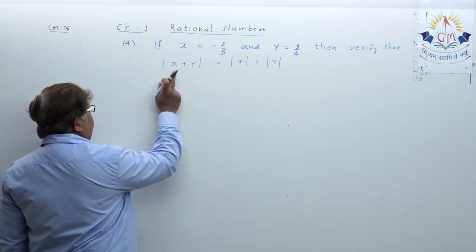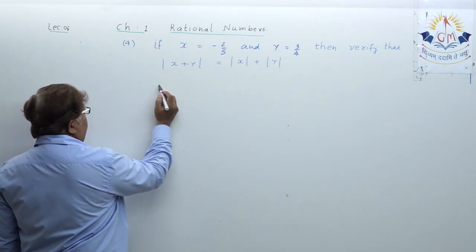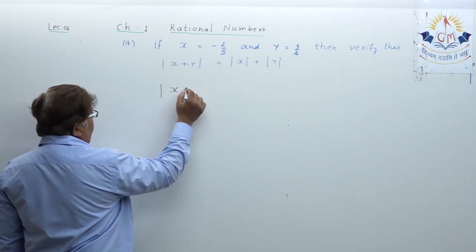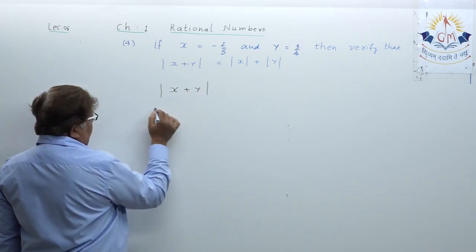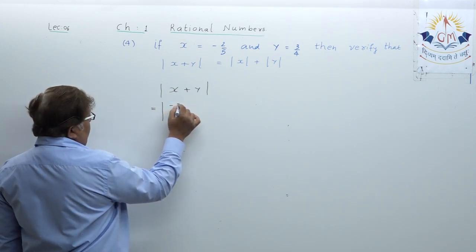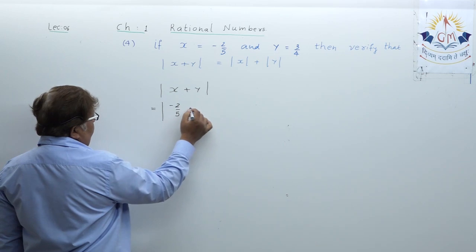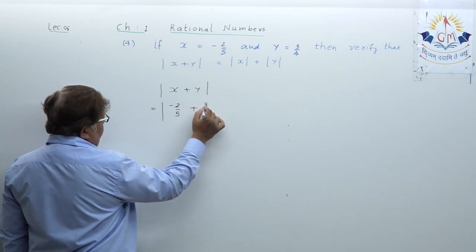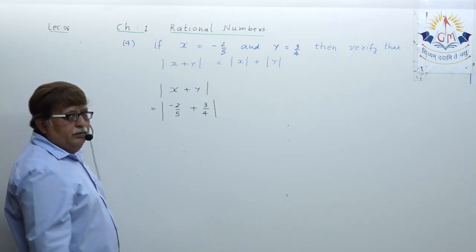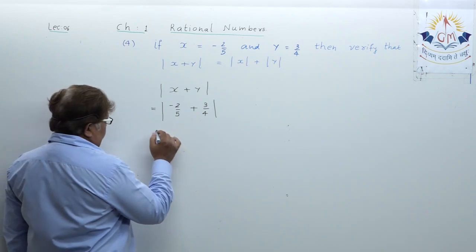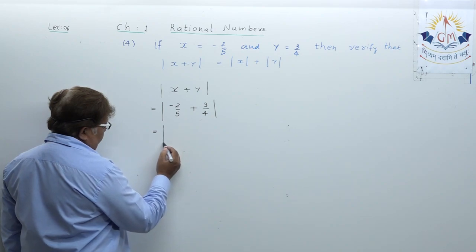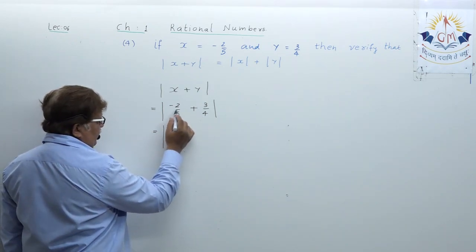First, dear student, LHS. x plus y. Let us substitute the values: minus 2 upon 5 plus 3 upon 4. Taking the LCM of 5 and 4, that is 20.